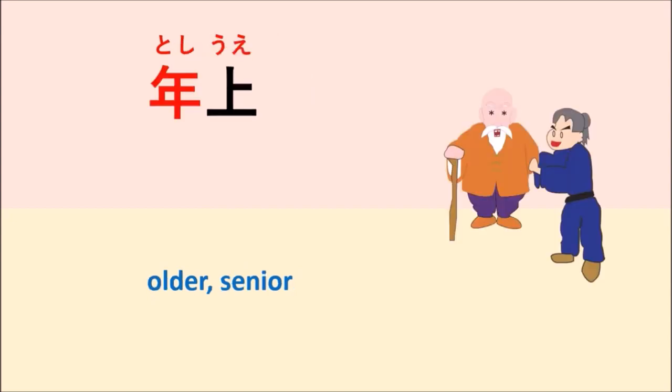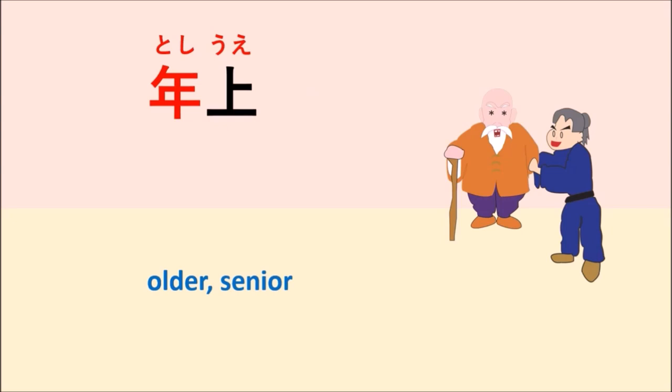Toshiue means older or senior. Toshiue no hito means the people who are older than you or anybody that they're talking about.